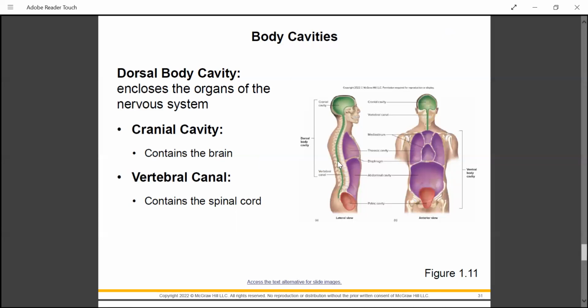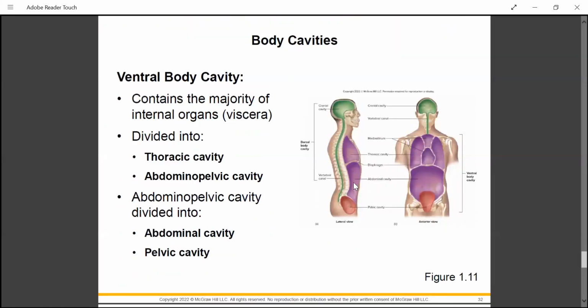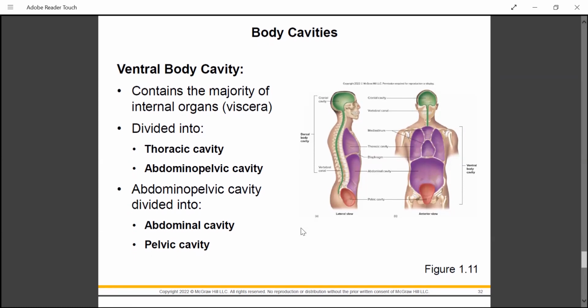The stuff in green here, that's our dorsal cavity. The ventral cavity, this is our stuff in purple here, as well as red, so this front half. This has a majority of our internal organs. Another word for organ is viscera.